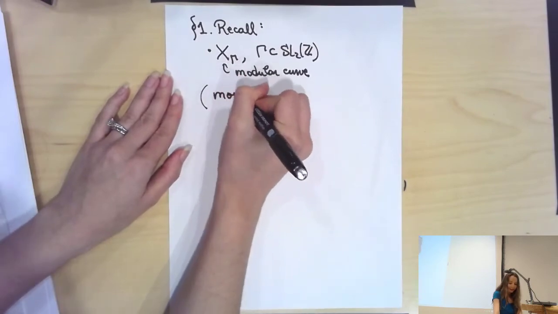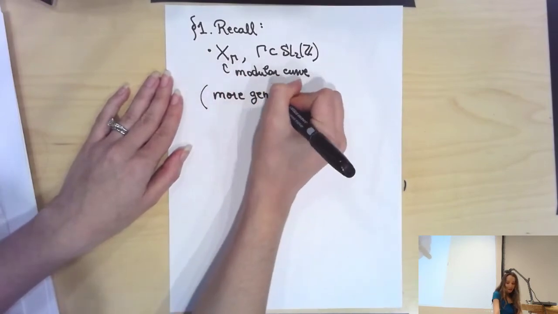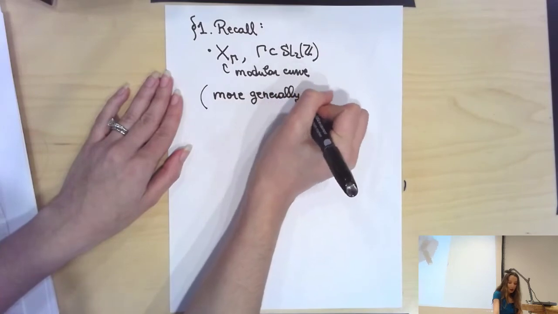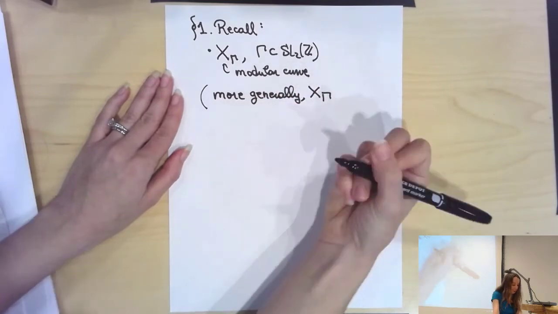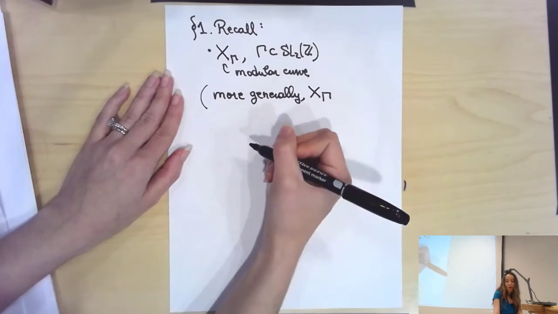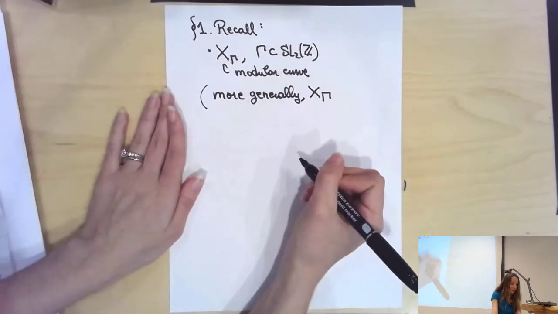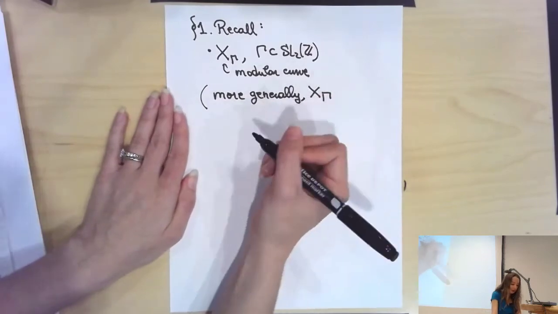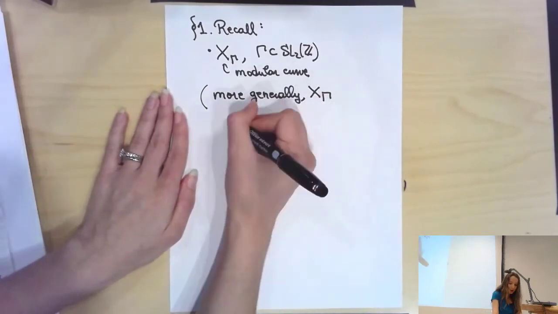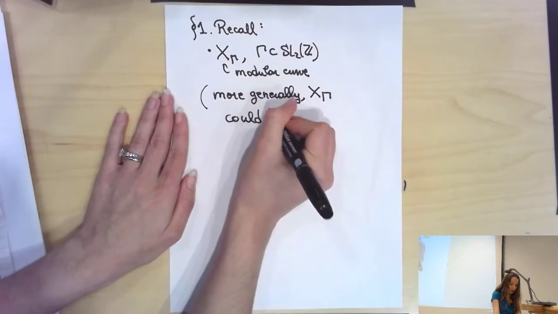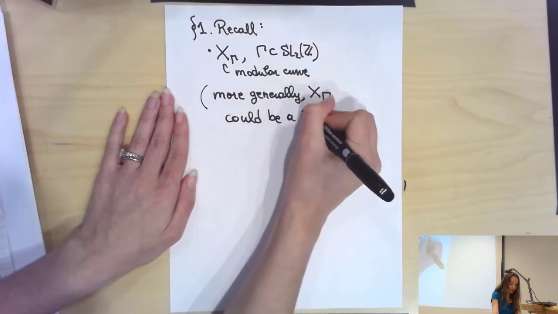If you know what that is, good. I guess it's in the notes. But for example, Siegel modular varieties, which are Shimura varieties for the group GSp2g, or unitary Shimura varieties. So X gamma could be a Shimura variety of Hodge type.